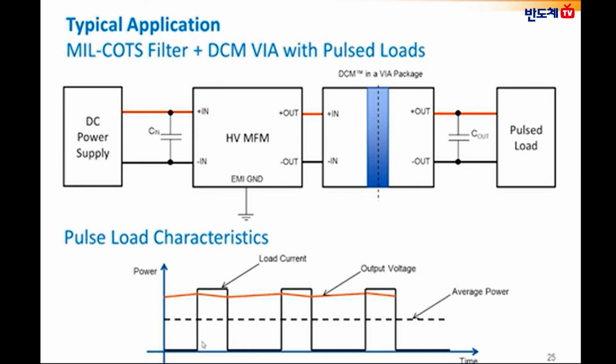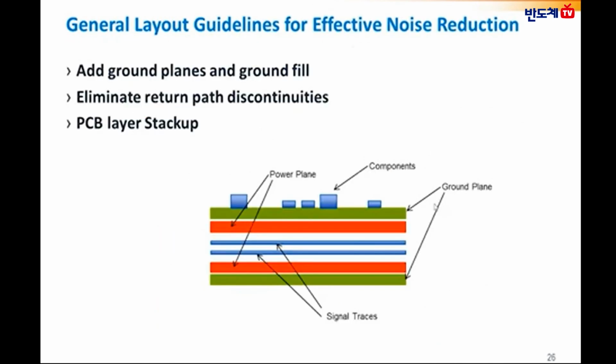If there are no traces in some areas of the PCB, adding a ground fill will reduce the emissions and susceptibility. And if the ground fill is not properly connected to the ground plane, it can increase the emissions and susceptibility, and can also increase the crosstalk between the power layers or the signal layers.